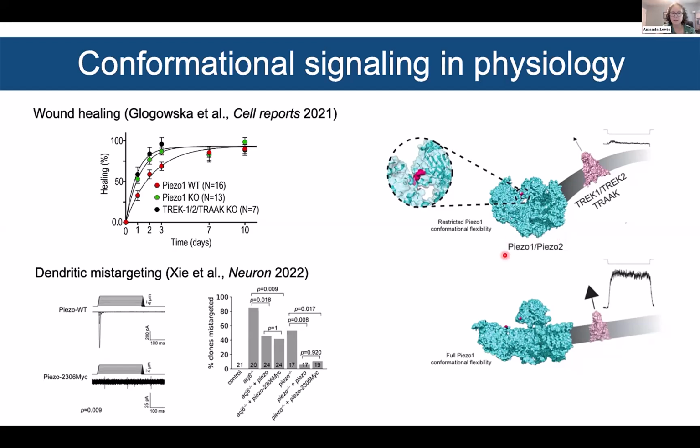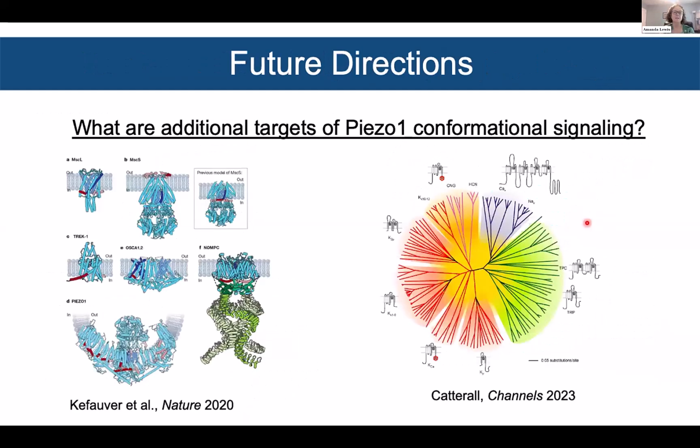And I also want to end by speculating that the mechanosensitive K2Ps are by no means the only target of potential Piezo1 conformational signaling. I mentioned that we think TREC1 and the mechanosensitive K2Ps might have been targets because of their known sensitivity to things like membrane tension and membrane curvature. There are a lot of other ion channels that are also sensitive to these things.